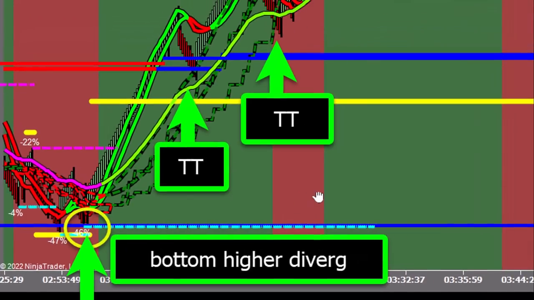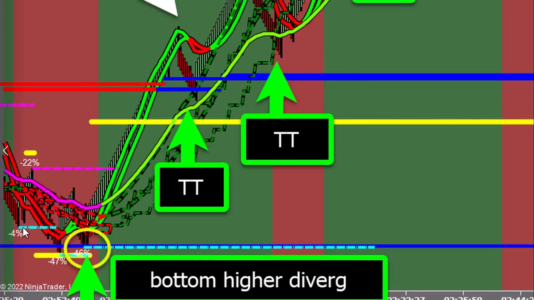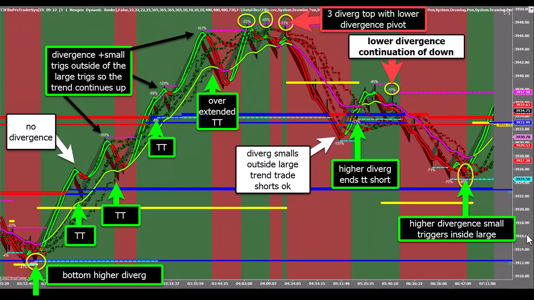Again, I'm going a little bit more advanced here, but when you start seeing the continuation areas and you get a really favorable, very bullish divergence condition, think of the amount of money. Let's just put a number to it.